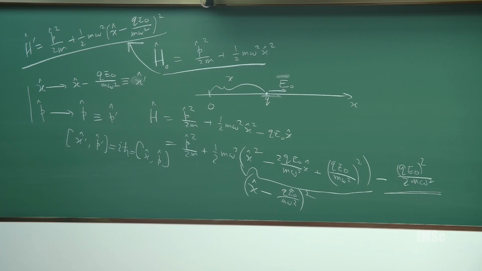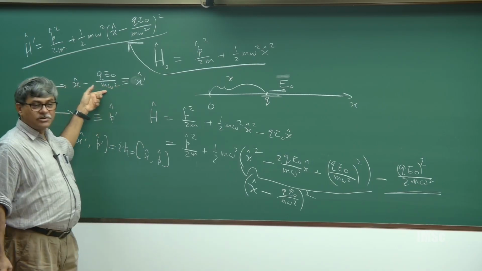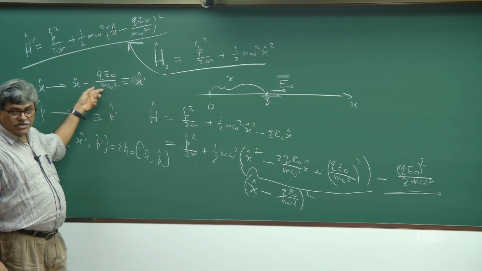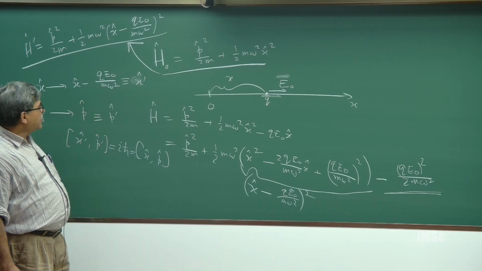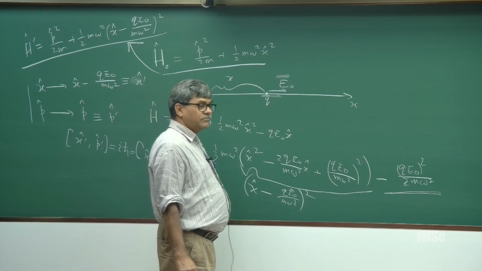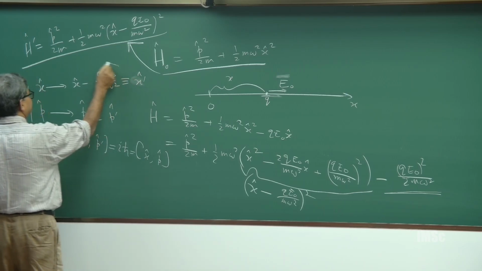Which operator I should apply? Position translation. Position translation. And what is that? So, I will have to look for the unitary, because this is continuous transformation. So, I will have to look for the corresponding unitary operator. Okay. And what is that corresponding unitary operator which will perform these operations?